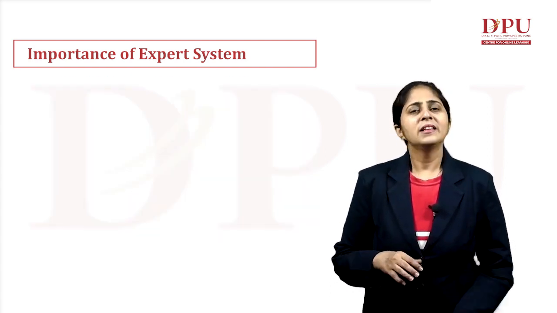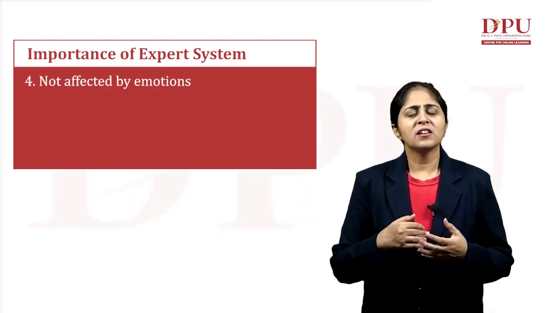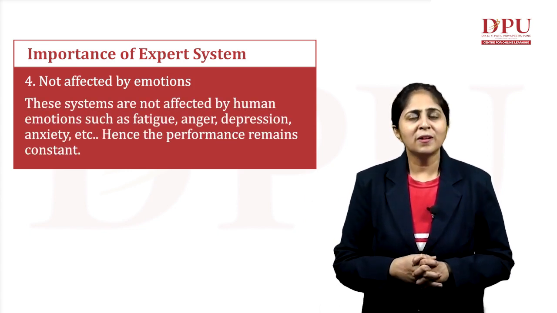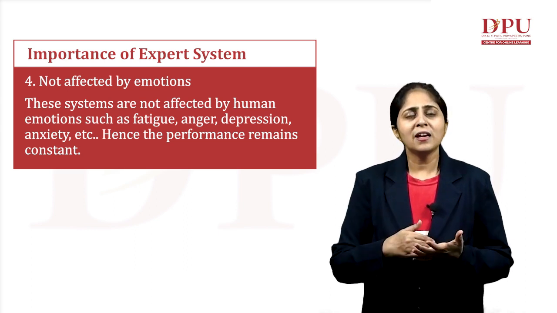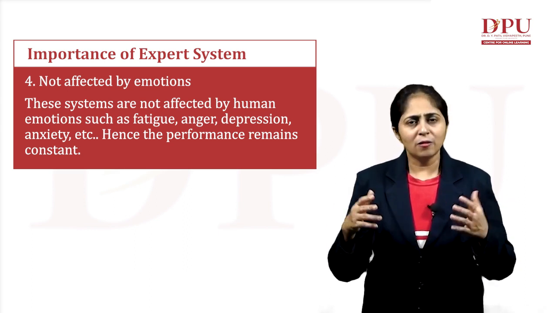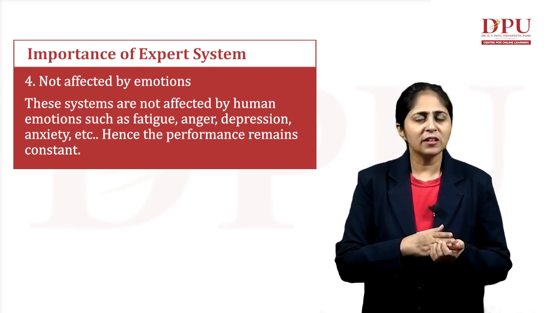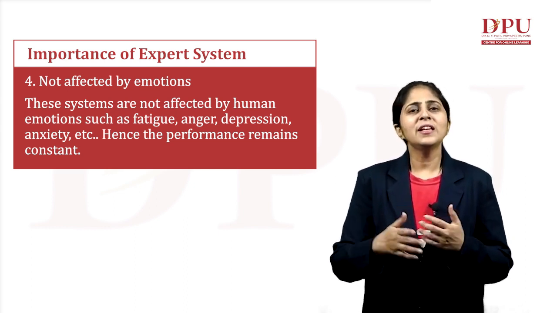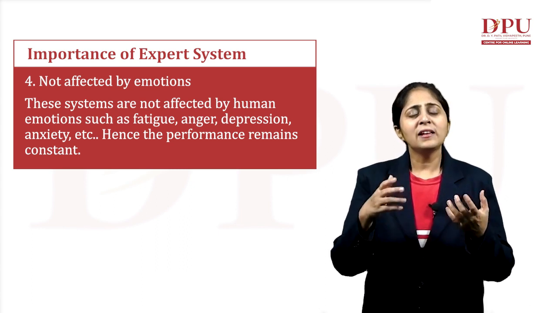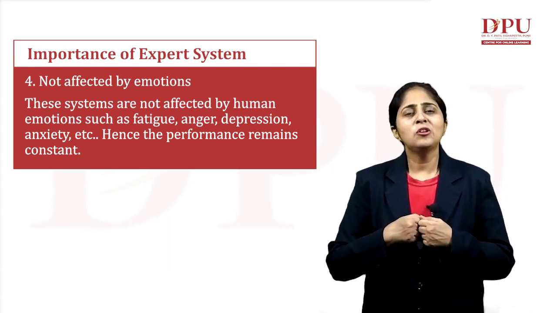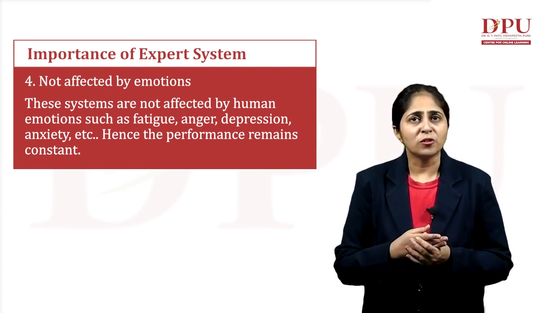Then another important thing is, it is not affected by humans. If you're talking about any human expert, though he has knowledge in that particular field, all the time he cannot utilize, he cannot memorize all that knowledge, because we humans are affected by our emotions.